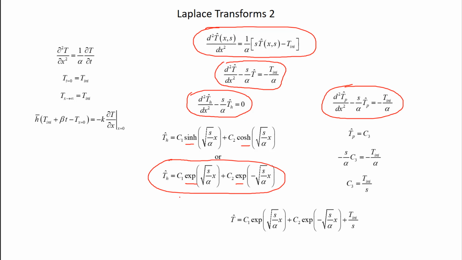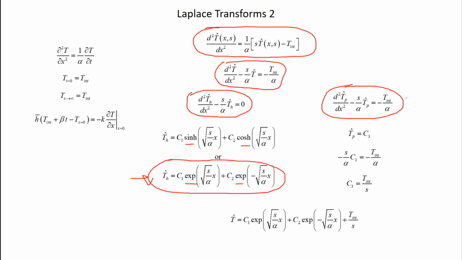The reason is that as x goes to infinity, one of these is going to go to 0, and the other is going to go to infinity. So one of these two is going to go away. Whereas sinh of infinity and cosh of infinity are difficult to deal with if you're not clever. So this is the way to go right here. So we'll use this for our homogeneous solution.